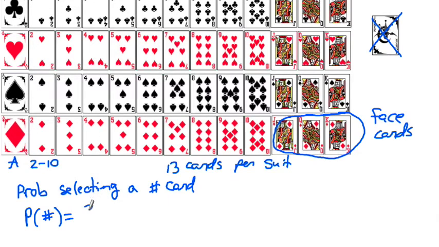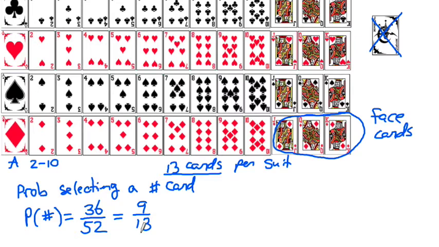So the number of events would be 36 out of the total number of cards possible in the deck. We're only selecting one card here. Shuffle them up and pick off the top card. If there's 13 cards per suit and 4 suits, that means there's 52 cards in all. 4 goes into 36 9 times, and 4 goes into 52 13 times.